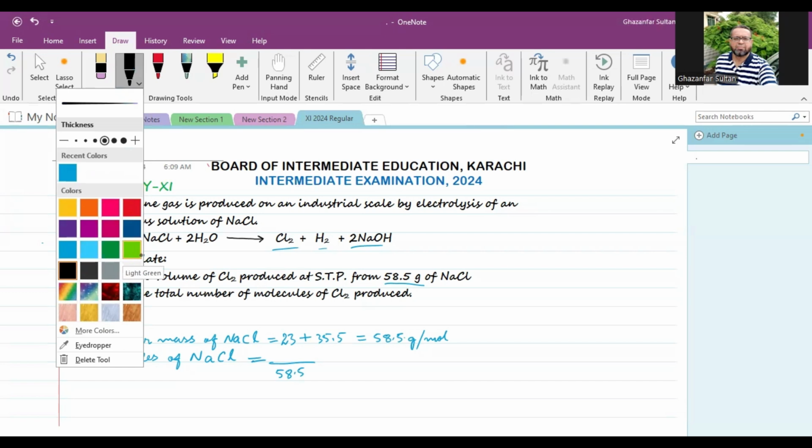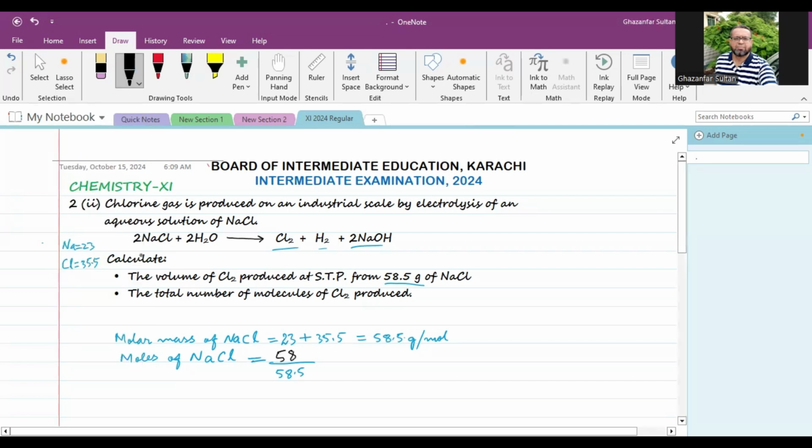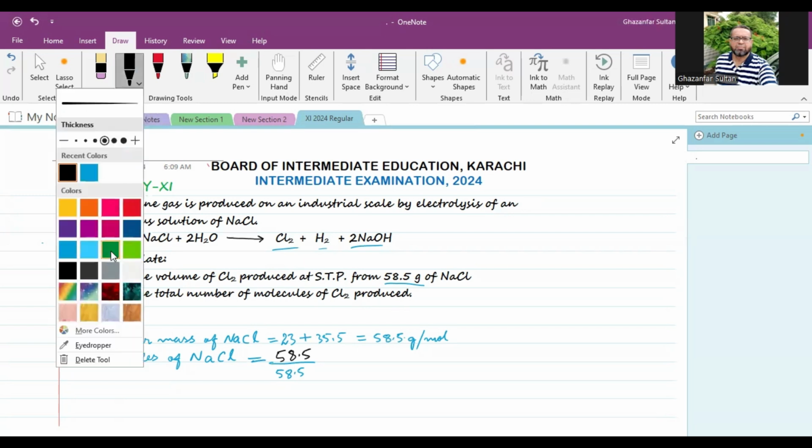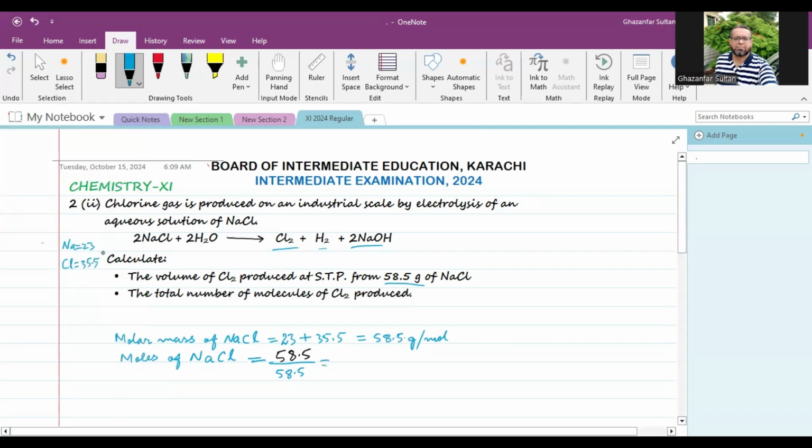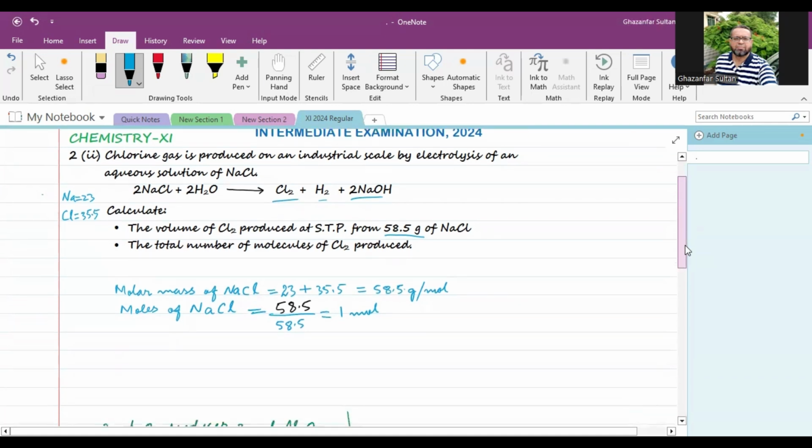So I'm writing here as well in black so that you can understand that this 58.5 is the given mass and this is the molar mass. So what would be the answer? It is 1 mole. So 1 mole sodium chloride is given in our data.